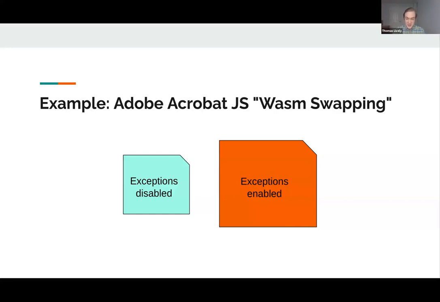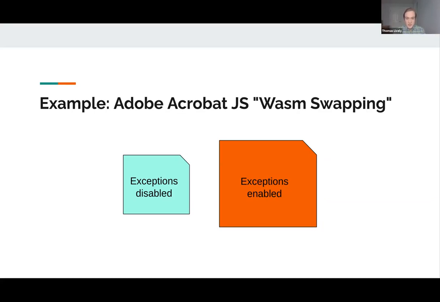So what they do is they make two builds of Acrobat.js, one with exceptions disabled and one with exceptions enabled. To be fully correct and handle all the things it's supposed to handle, this code base does depend on having exceptions enabled. But for common cases, it'll run correctly without them.